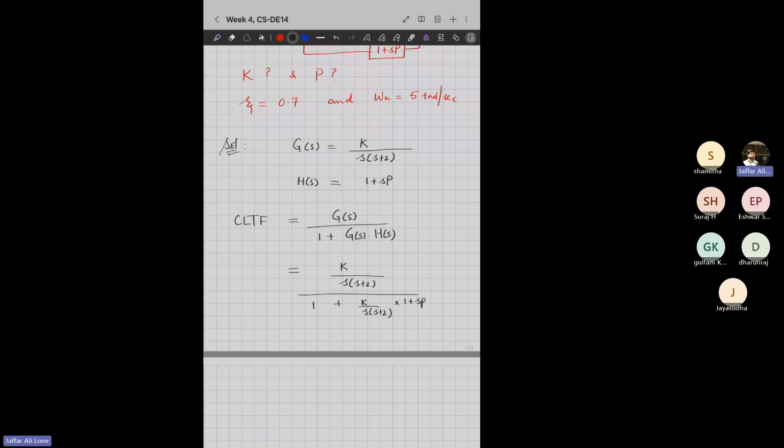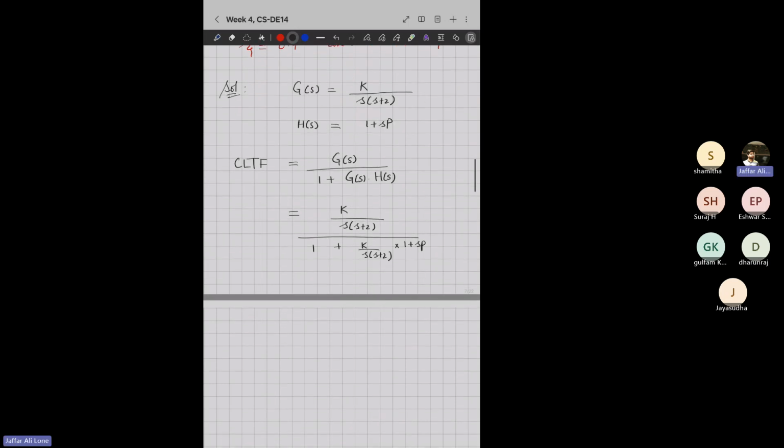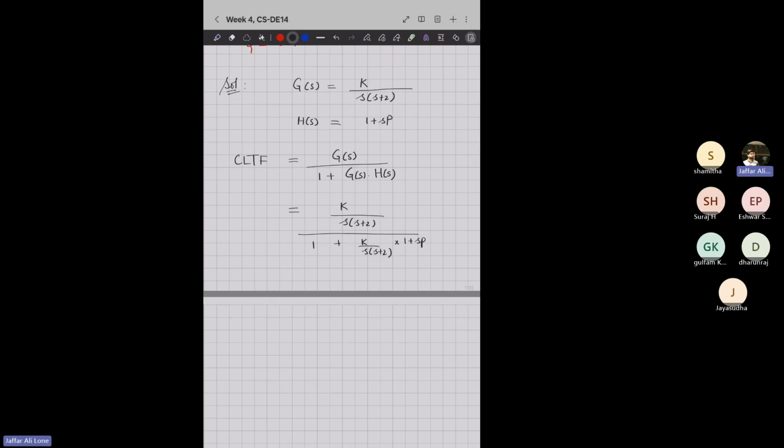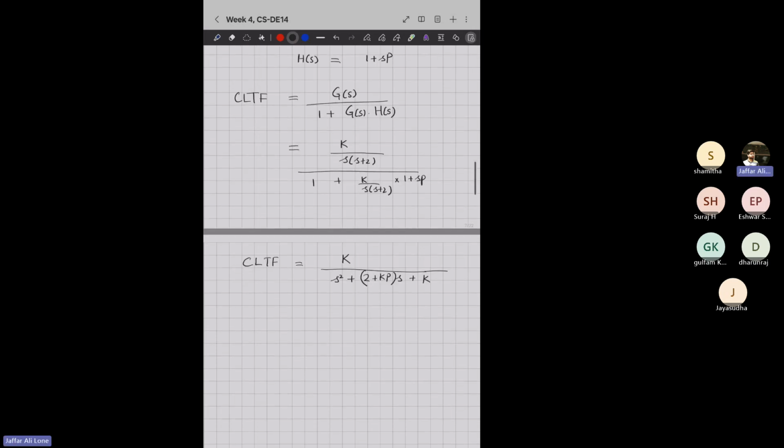If we simplify it a bit, this S into S plus 2 and S into S plus 2 will go. Your CLTF will look like this: K divided by S square plus 2 plus Kp into S plus K. This is my closed loop.